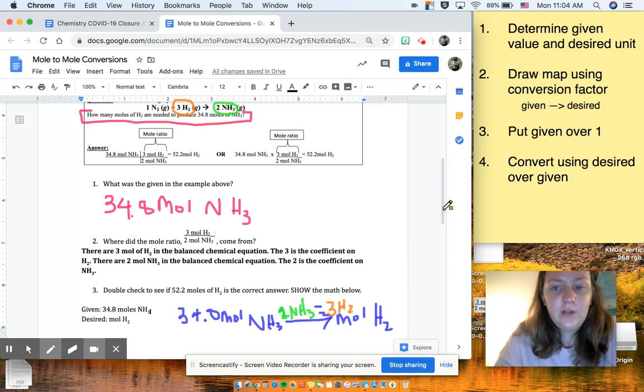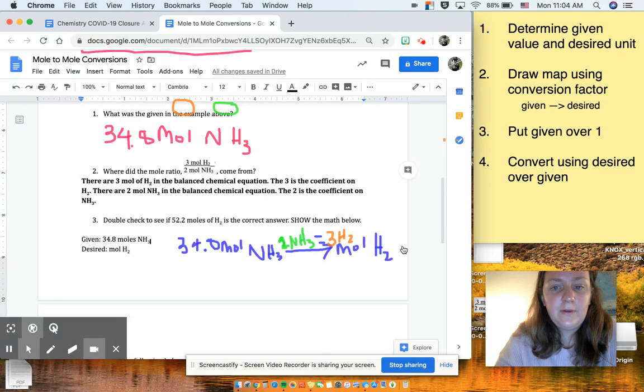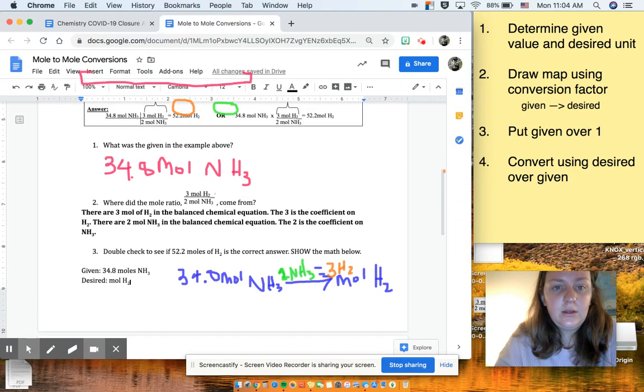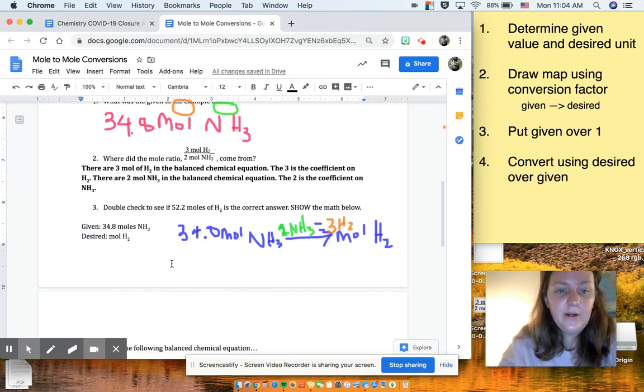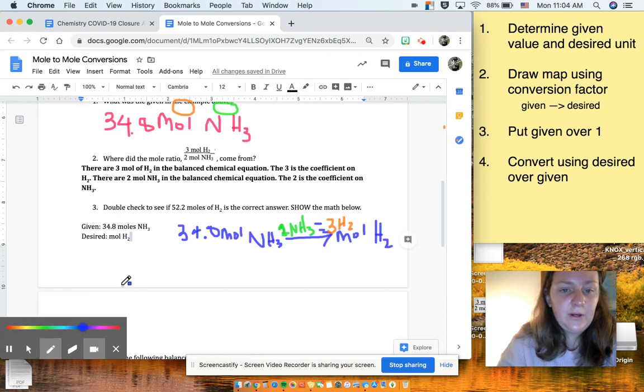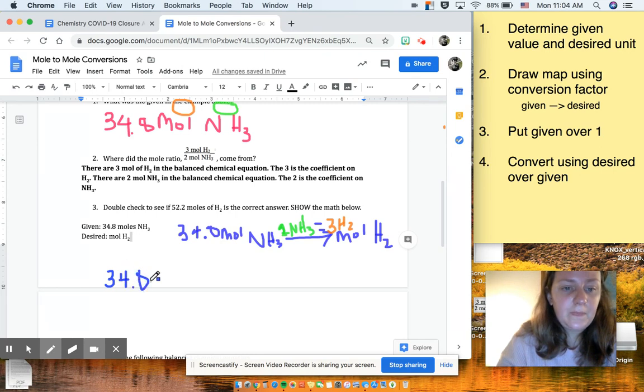All right, now we're ready to solve. I don't really need anything from up there anymore. All I need is this. We're going to start by putting our given over 1, 34.8 moles over 1.